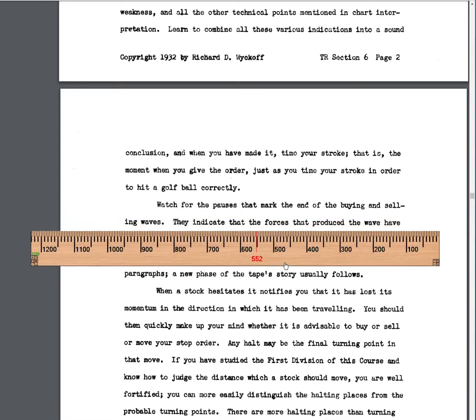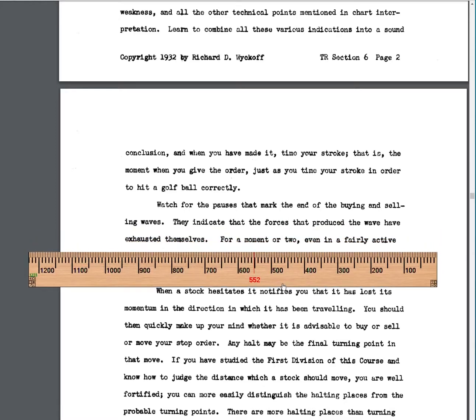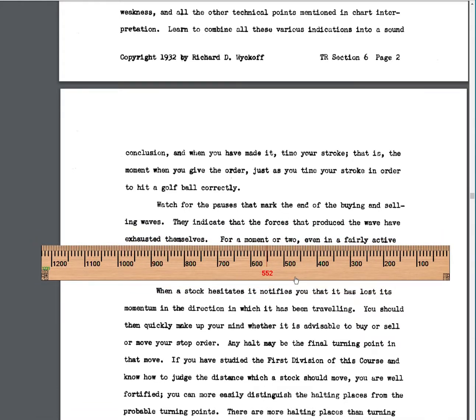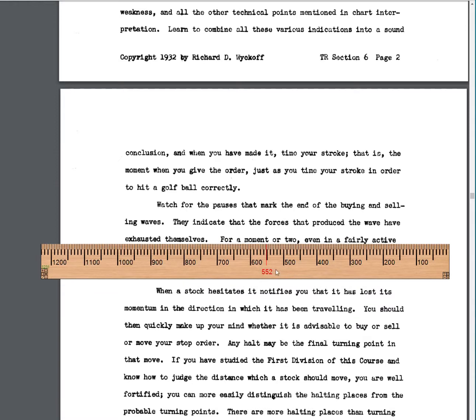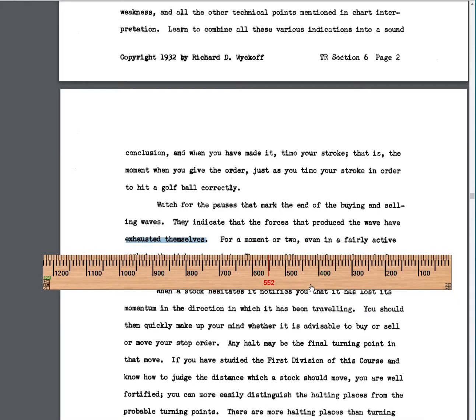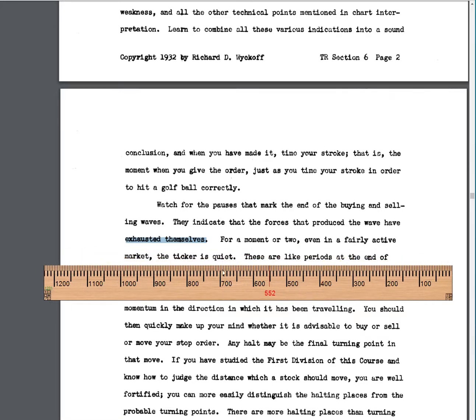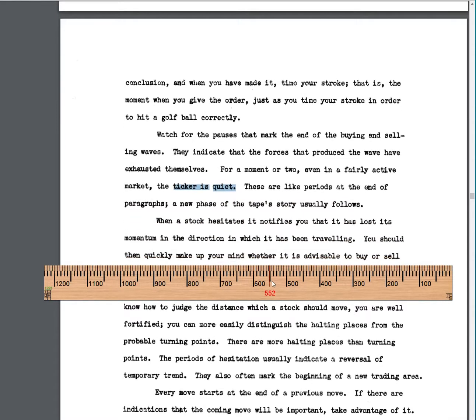Watch for the pauses at the end of a buying and selling wave. They indicate that the forces that produce the wave have exhausted themselves. So you look for the climax here. For a moment or two, even in a fairly attractive market, the ticker is quiet. After the climax, you look for the ticker to be quiet. These are like periods at the end of paragraphs.